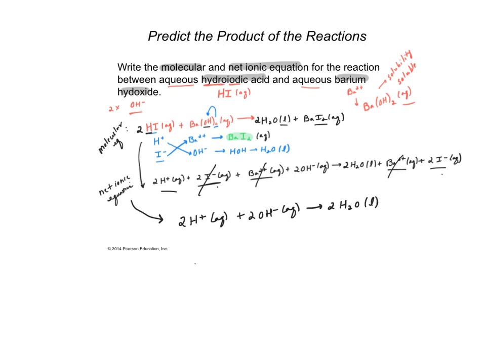Okay, and that's it. All right, so we've got the molecular equation up above. This is how we predict our products. And then the net ionic equation is down here. So nice and pretty.